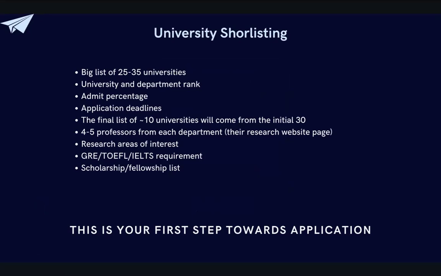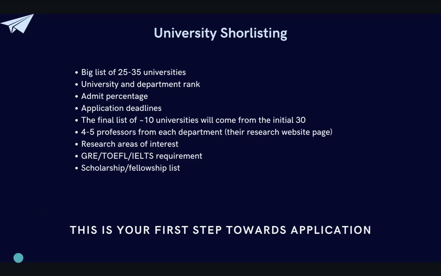Rather, it is very important to look at the program rankings when you're shortlisting universities. So look at the QS rankings of the program and not the universities. And whenever you're looking at a university, check whether that program is being offered in that particular university. For example, if you are applying for masters, check whether that university has a masters in that particular program. It is very important for you to do that.